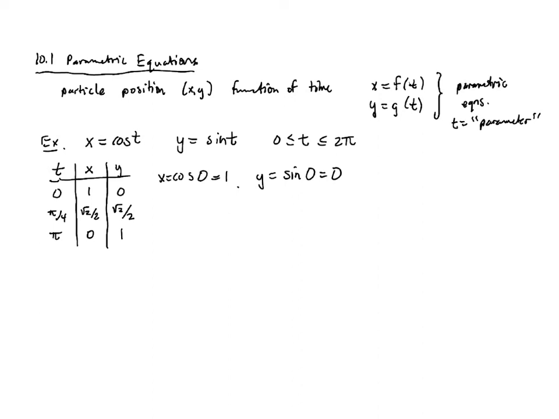And what we see when we plot those points, hopefully those values are familiar. There's 1 comma 0, here's 0 comma 1, root 2 over 2, root 2 over 2 is somewhere over here, and what we see is that this traces out the unit circle.